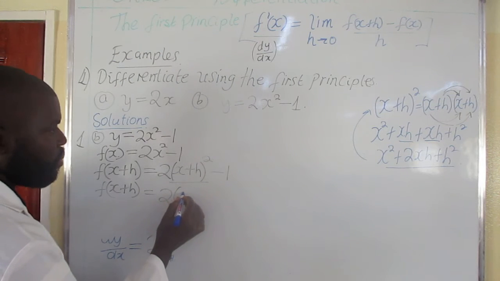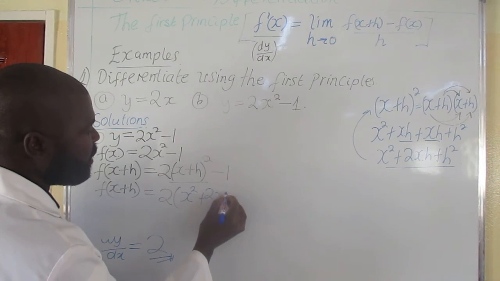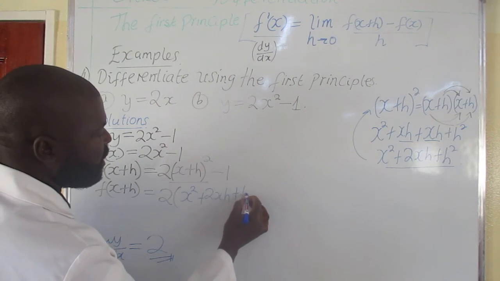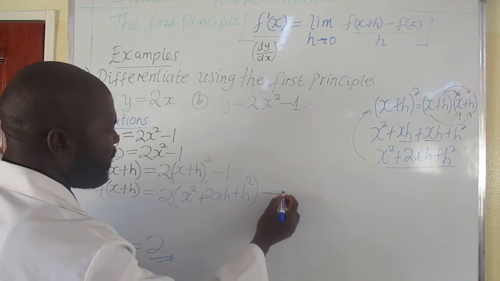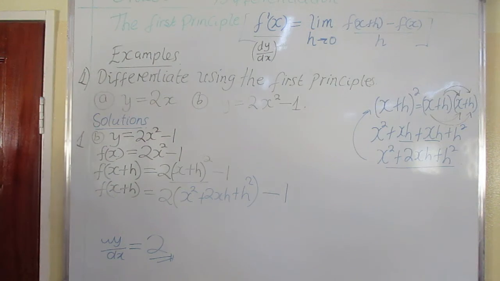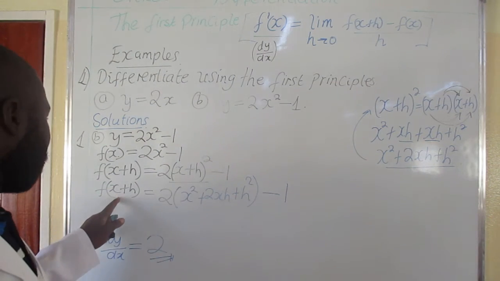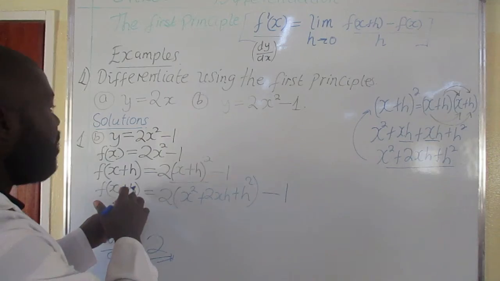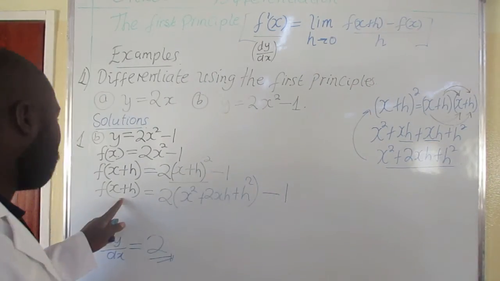So we have x squared plus 2xh plus h squared, minus 1. We are still in the process of getting f(x plus h), which we are going to substitute in the first principle there.